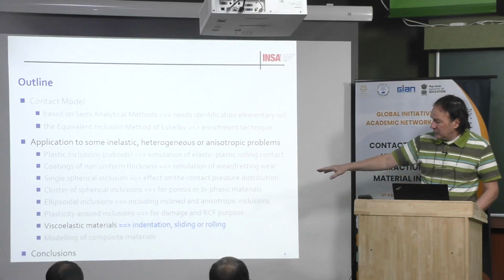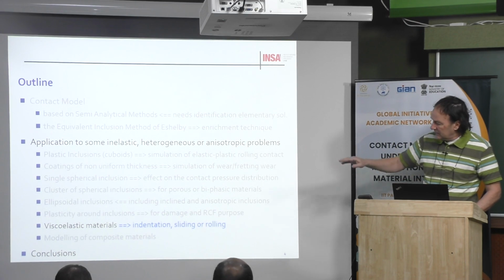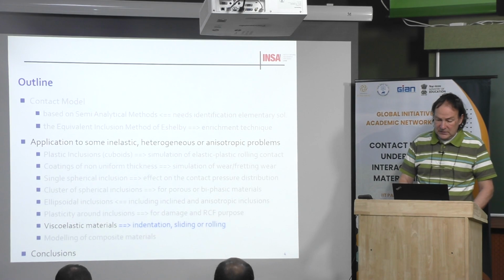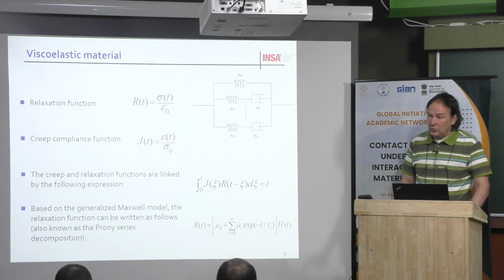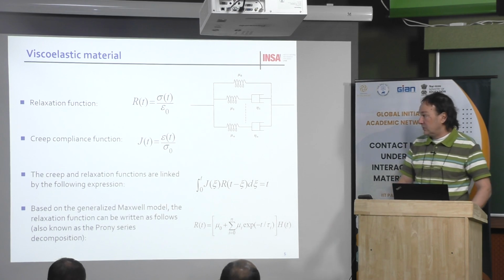And we will see what happens when we have indentation, sliding, or rolling. You will see there is sometimes some correspondence between sliding and rolling, for example, although we do not consider friction. Everything here is frictionless, even if you can measure some apparent friction coefficient.